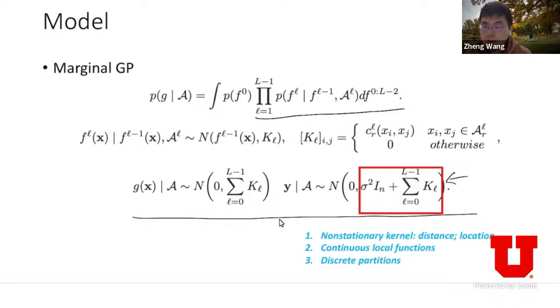And we can see it's obviously a non-stationary kernel, because it is determined both by the relative distance and the input locations. To calculate this kernel, we have to know which partition our input is in.